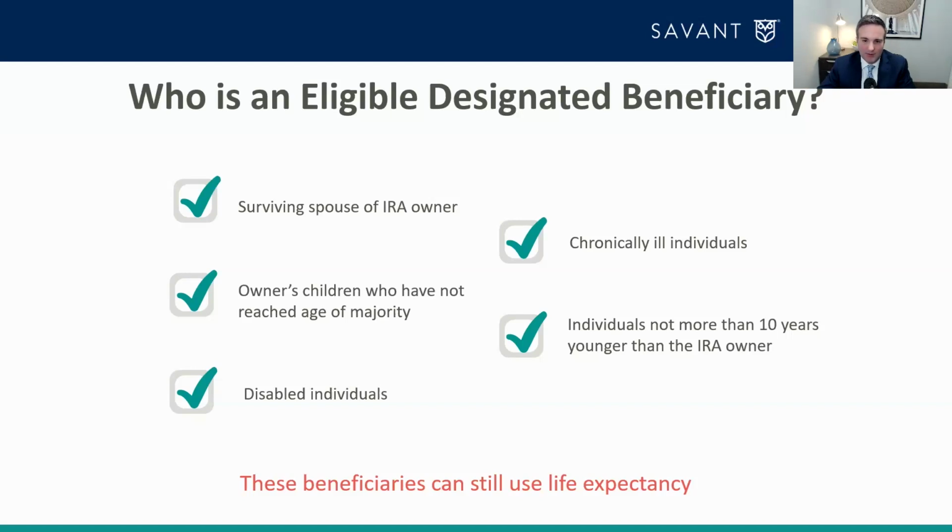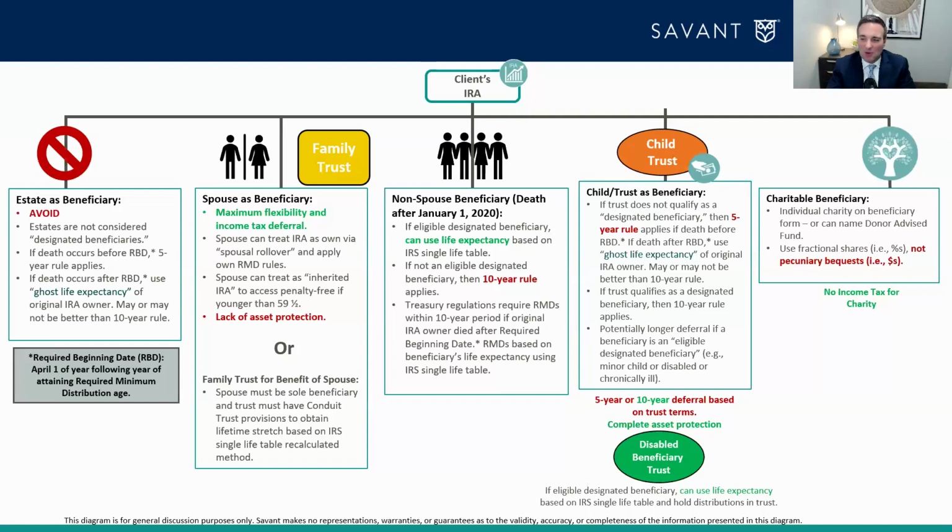And Mike and I put this graphic together as well, just to illustrate some of the decisions you'll have if you're determining how you want to set up the IRA beneficiaries for your own accounts that you've accumulated. One thing that I forgot to mention is that once that 10-year period starts, if you're not considered an eligible designated beneficiary, that sets the clock and the maximum period that the account can be open.